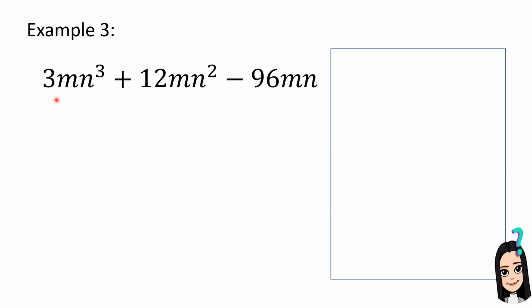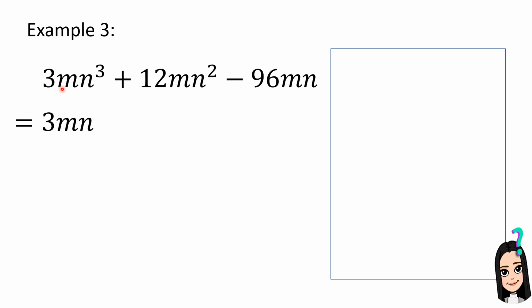For example, we have 3mn cubed plus 12mn squared minus 96mn. Think of the greatest number that can divide 3, 12, and 96. Also, think of a variable that is common among mn cubed, mn squared, and mn. So that is 3mn.